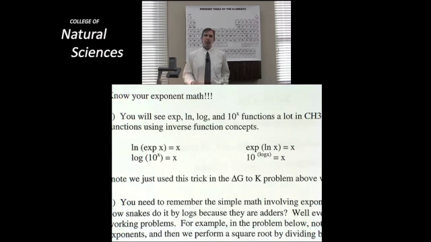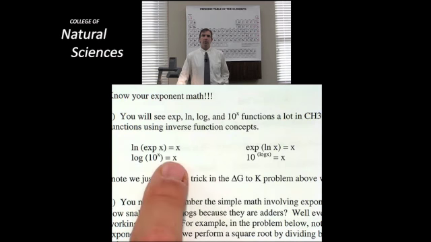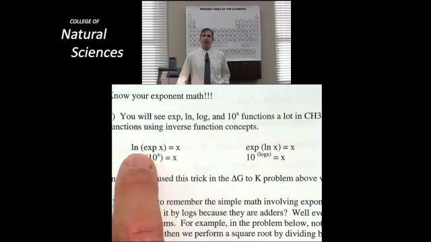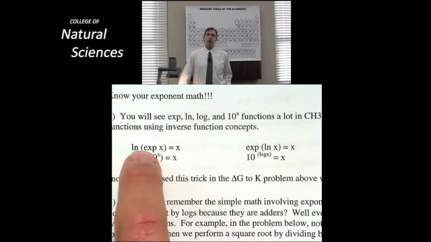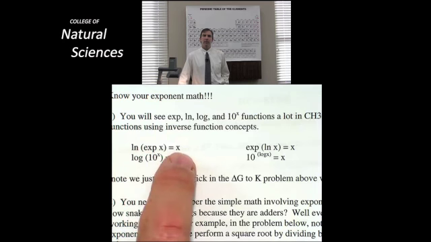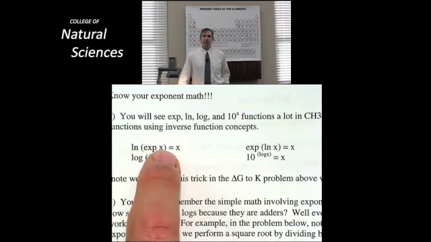And it's important to use these inverse functions because most of the calculations we're going to be doing here in the spring semester involve the use of exponents, exponents involving 10 to the x, e to the x, or the log base 10 sorts of functions. So if I can just show you this here, this is something you learned in high school about inverse functions. If you take two inverse functions and you multiply them together, you are able to basically remove those functions and leave whatever it was that was sitting inside the function to begin with.